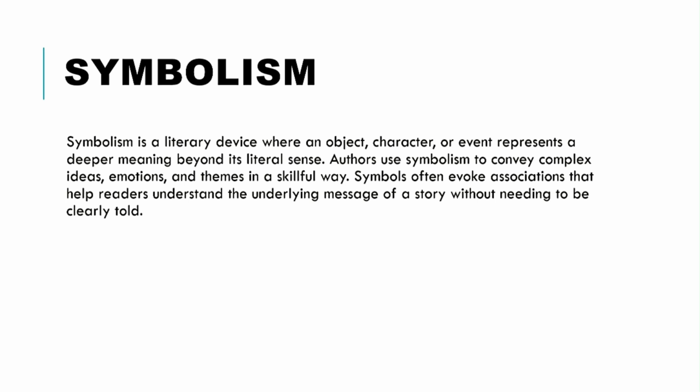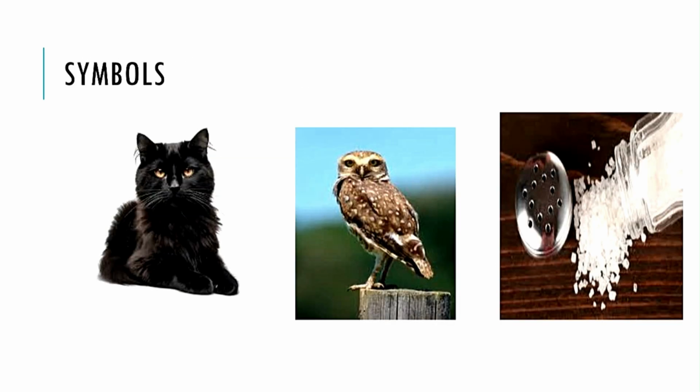The author uses symbolism to convey complex ideas, emotions, and themes in a very skillful, intelligent way. Symbols often evoke associations that help the reader understand the underlying message of the story without needing to be clearly told. Here we have some photos to make symbolism clear to you.